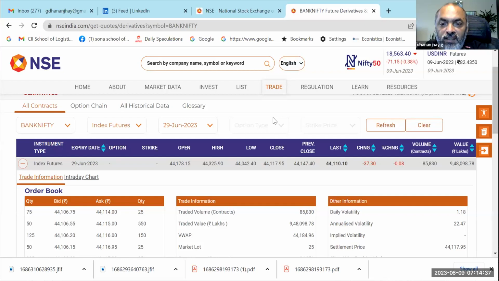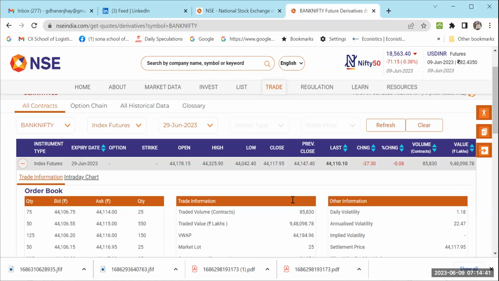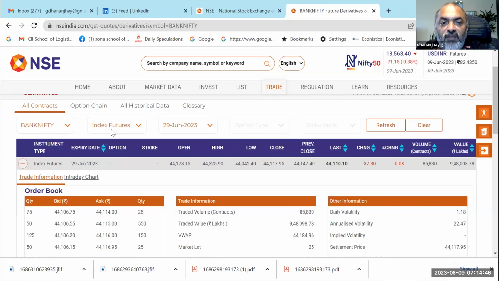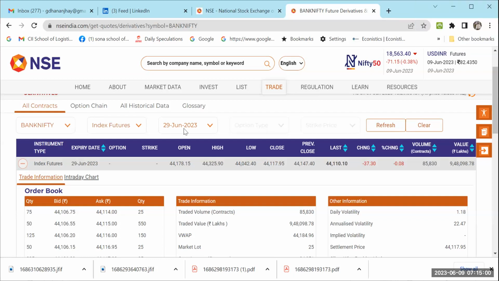Are you able to see the NSE screen? Yes, sir. Okay. Now here you see Bank Nifty index futures 29 June. Are you able to see this? Yes, sir.